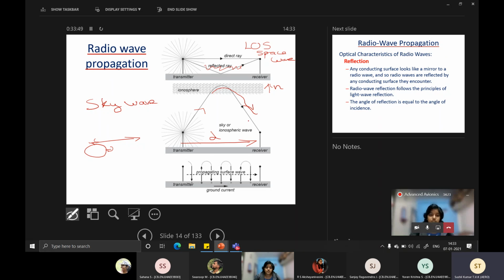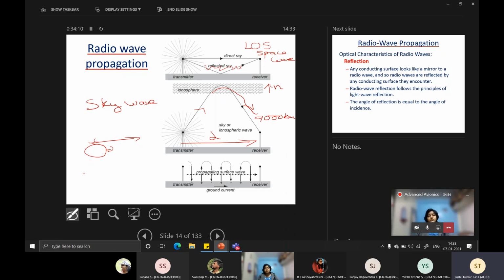Sky wave, on the other hand, doesn't have that problem. You can even go up to 9,000 kilometers easily. If you say Earth's circumference is around 40,000 kilometers, at least 25% of the circumference you can really cover.